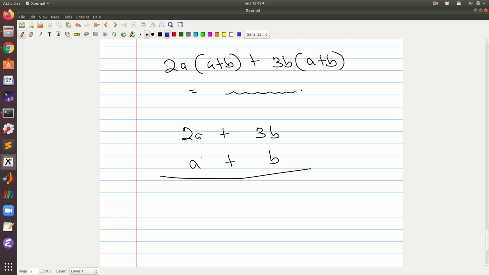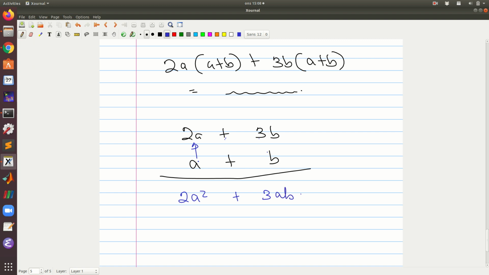So we multiply a with 2a, and then we have 2a squared, and then we multiply a. Sorry, I shouldn't have written that first. Remember, it carries a positive sign here. Multiply by positive, that is already a positive, and then we have 3ab.